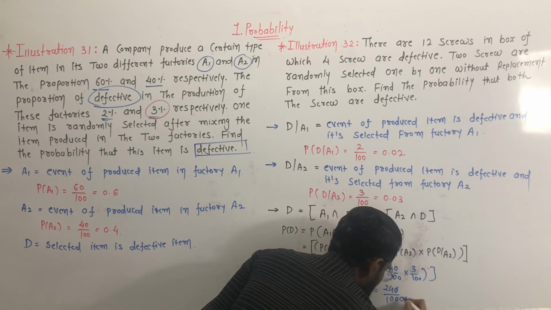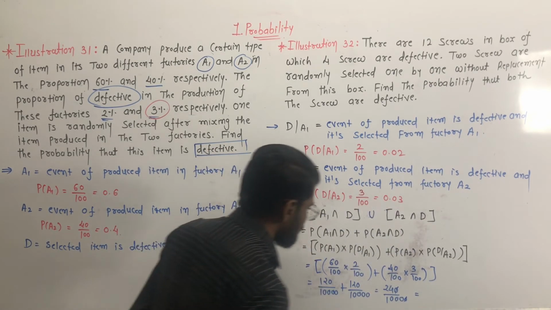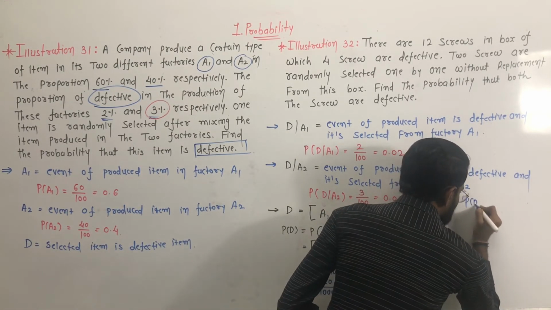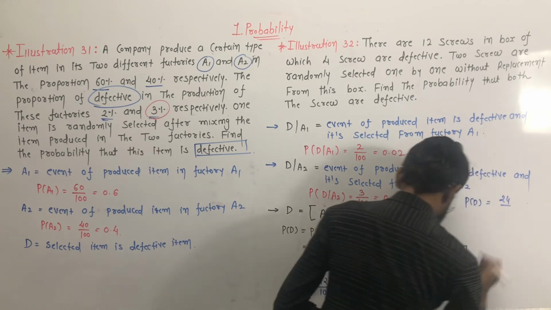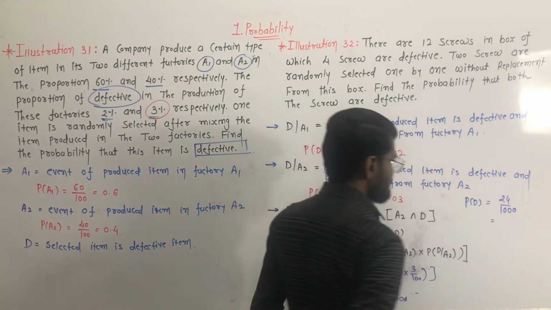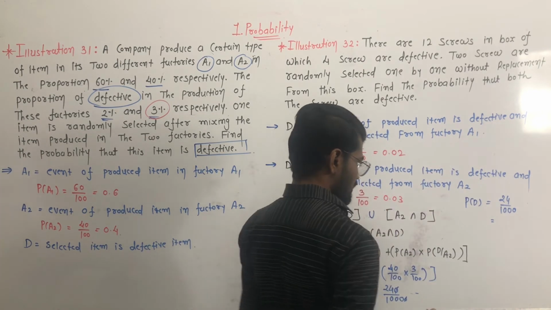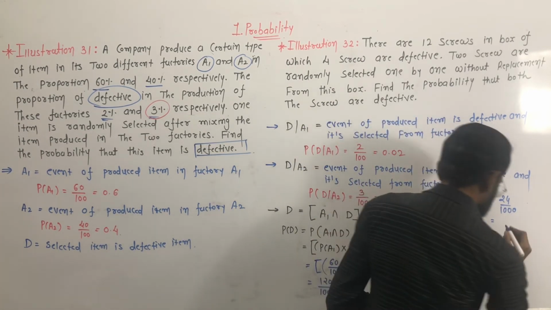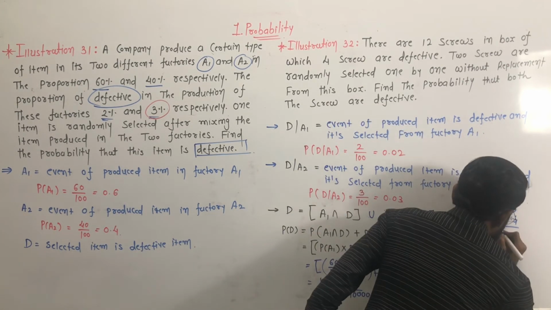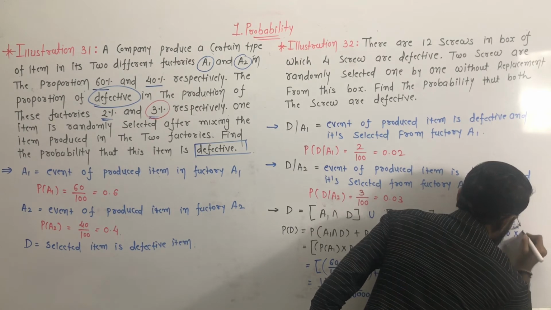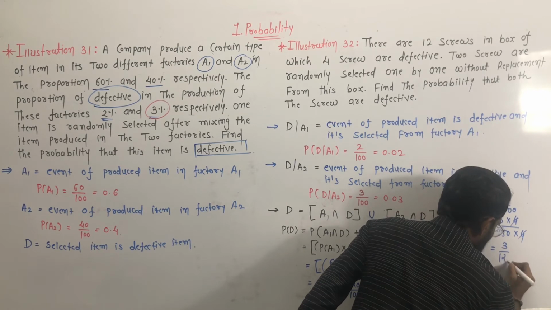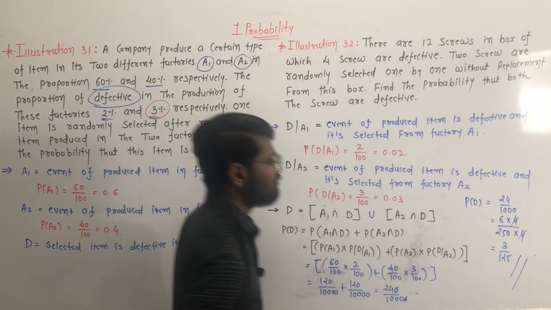Okay, so it will be cancelled and it is equal to 0.24. Yes, so P of D is equal to 24 upon 1000. If we divide by 4, then 6 upon 250, and then 3 upon 125. Clear? Write it down.